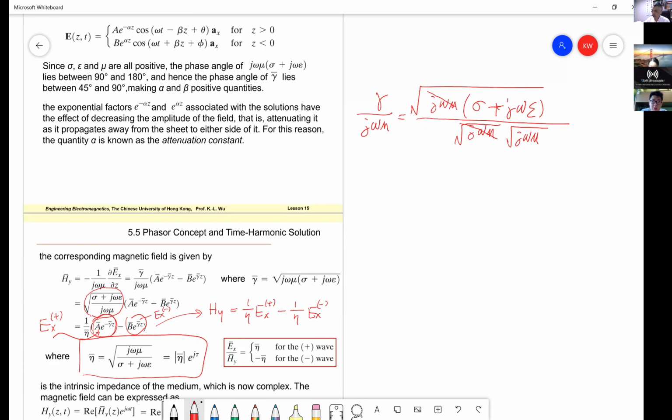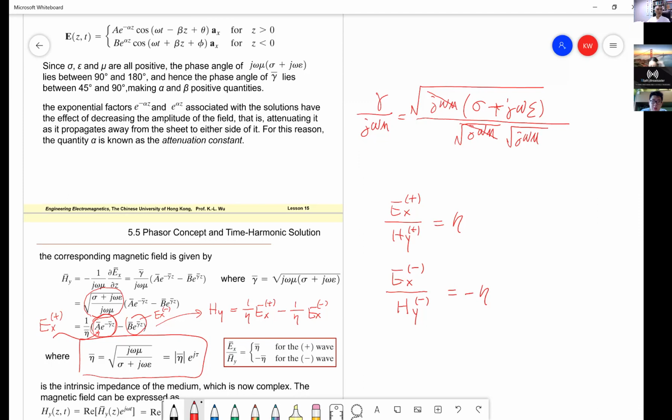We can call it Ohm's law for the electromagnetic field: Ex in the positive direction divided by Hy also in the positive direction equals gamma. For the X-polarized electrical field propagating in the minus z direction, divided by the corresponding Hy, this is equal to minus gamma.